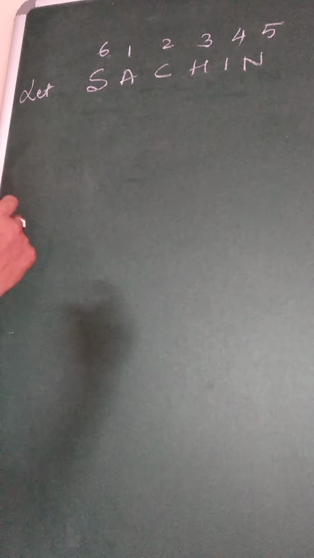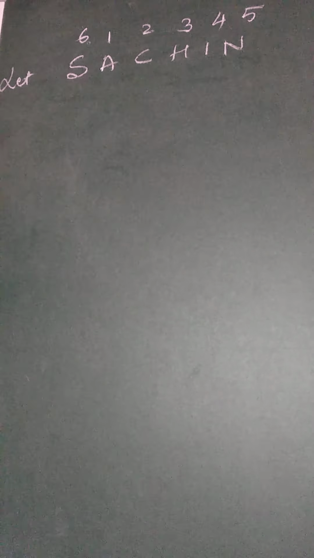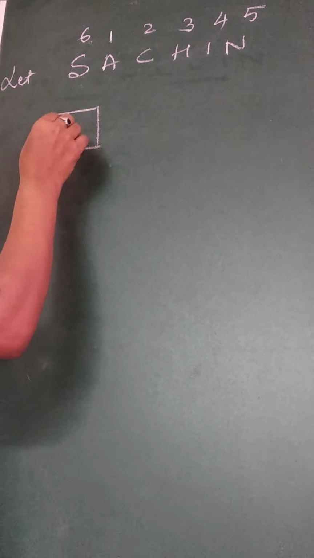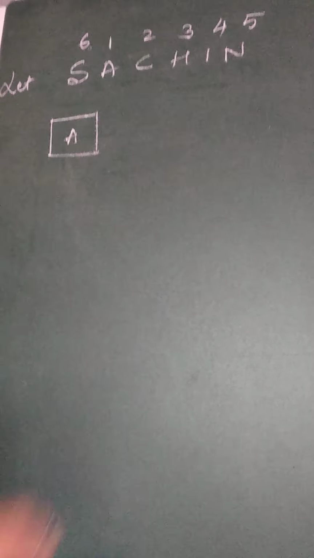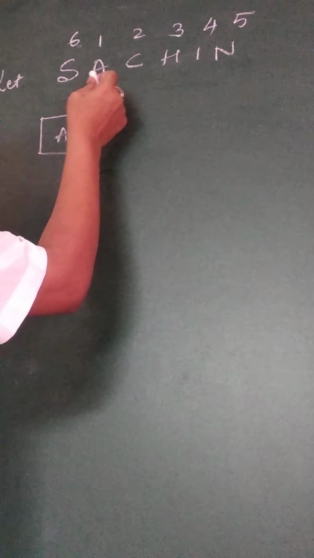Now I have to find how many words can be framed by keeping A in the first position. Let's fix A in the first position. Then how many letters are left out?